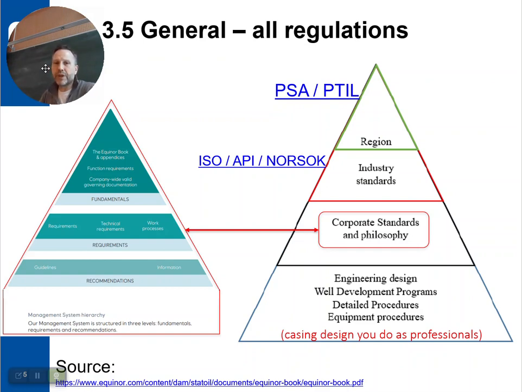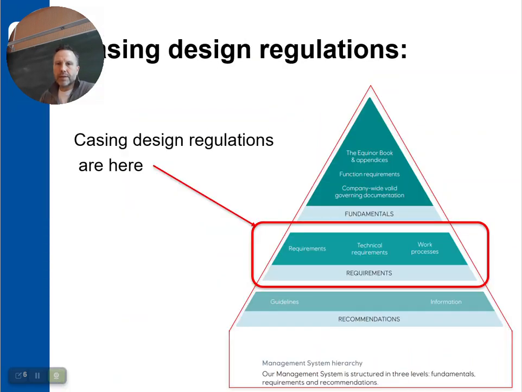To the left is an expansion of corporate standards and philosophy. You can find it on the link below, Equinor's structure for it. And you'll see by reading this where the specifics are. There are so many levels.